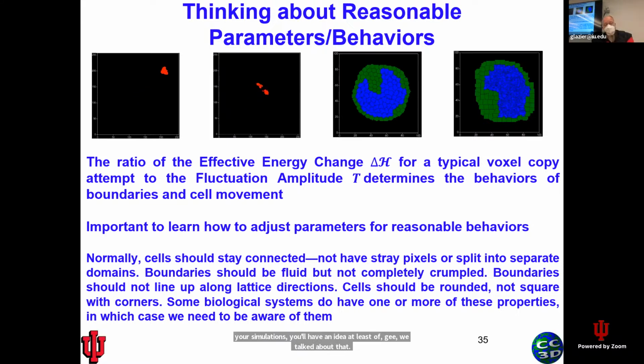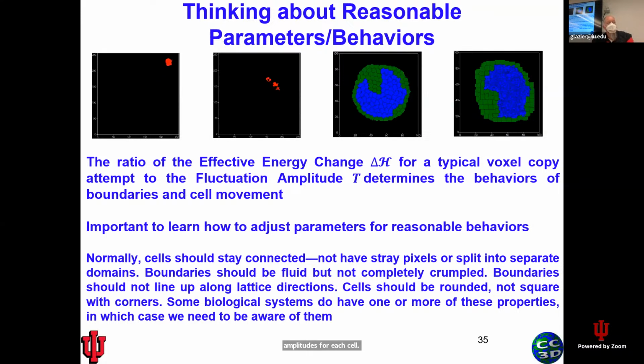One thing that CompuCell does that's an option that we rarely use is that fluctuation amplitude tends to be set globally in the system. And then you adjust the energies for each cell separately to make the cells behave properly. In principle, you could have different fluctuation amplitudes for each cell, and that's allowed in CompuCell.